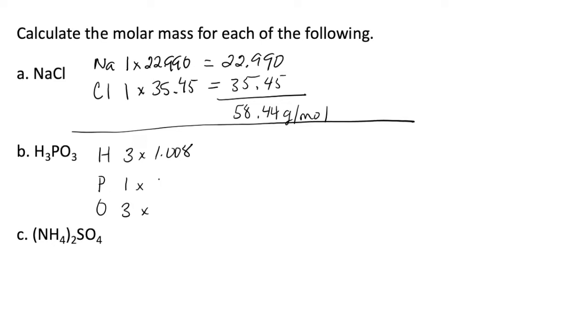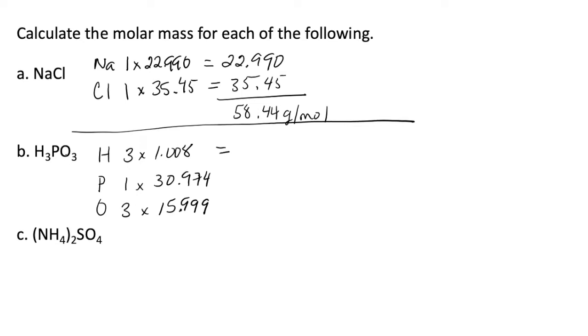For phosphorus, it is 30.974. And for oxygen, we have 15.999.